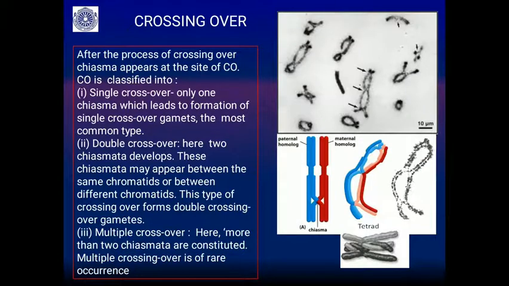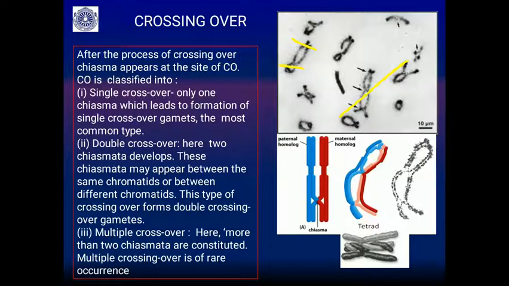After the process of crossing over, a chiasma appears at the site of crossing over. In this photograph you will find chiasmata in so many places. This chiasmata is the cytological evidence of where exactly the crossing over occurred.